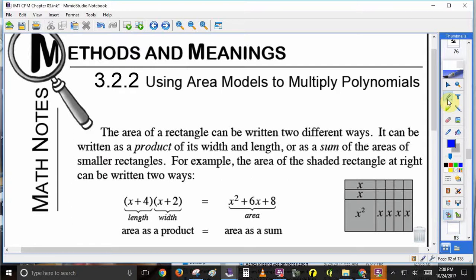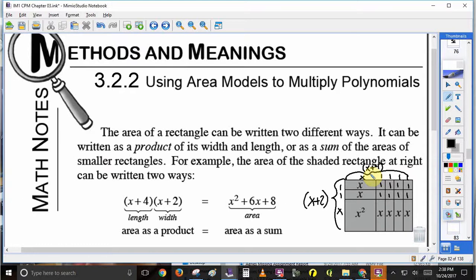If we fill in our little algebra tiles here, we know that these are all 1. If we look at this side, this would be x plus 2, which we've labeled as width, and this would be x plus 1, 2, 3, 4, x plus 4.